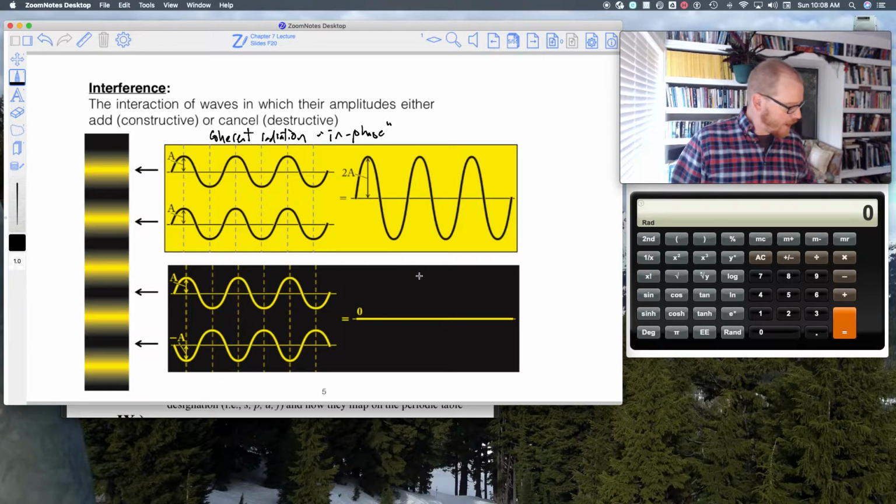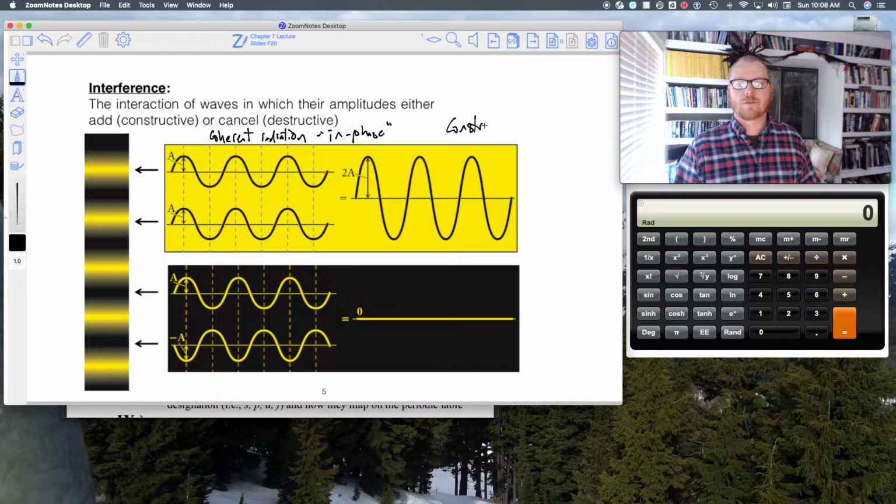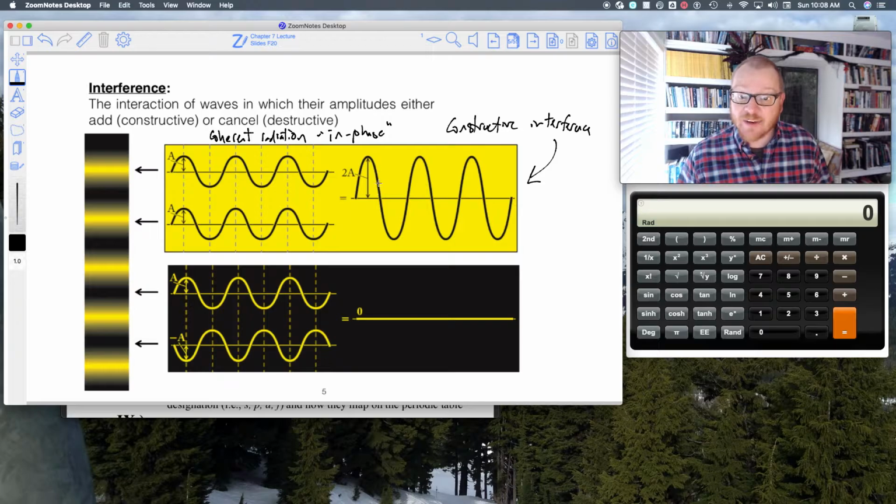Then what we get is called constructive interference, okay? In other words, these two will add up and result in a higher amplitude, in other words, a brighter spot, okay? So what we would observe here is a brighter spot, kind of indicated by these points right here, okay?